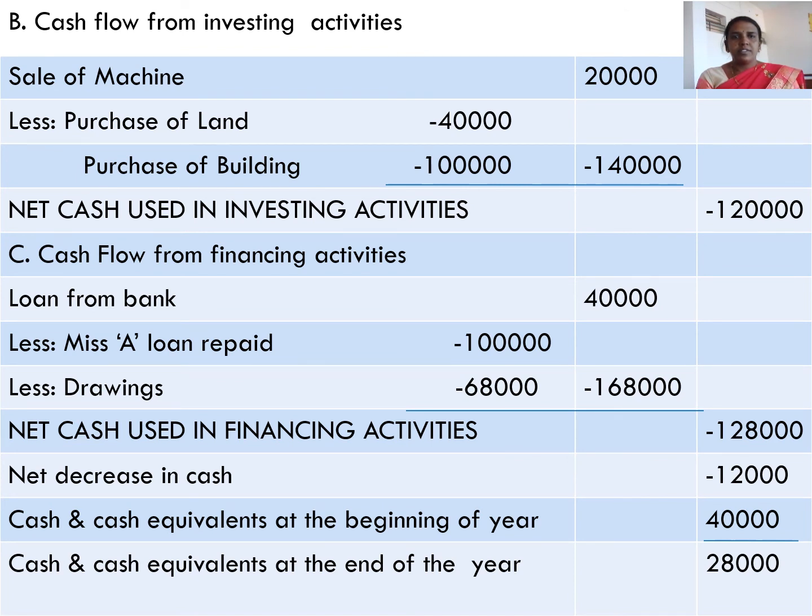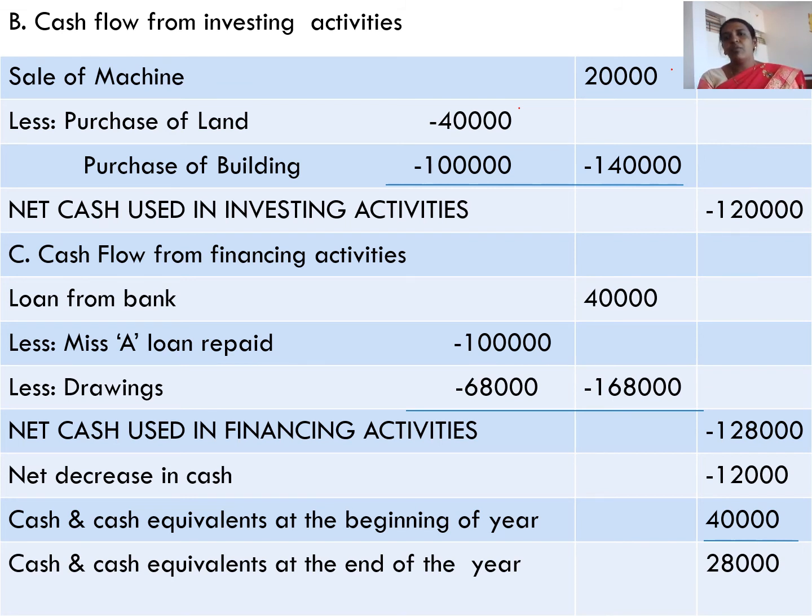Then next one is cash flow from investing activity. Here, sale of machinery is for rupees 20,000 and it is an inflow of cash, so we will take it with a positive symbol. Then next is the purchase of land and purchase of building. With both of these activities the cash flows out of the business organization, so here we have to deduct these two from the positive flow.